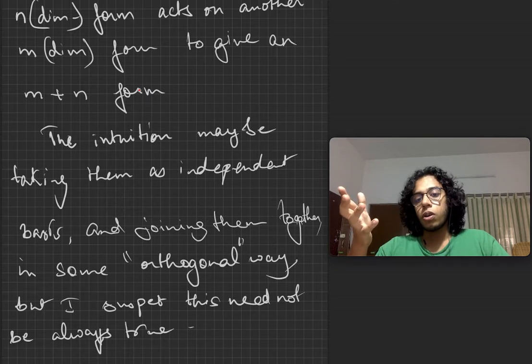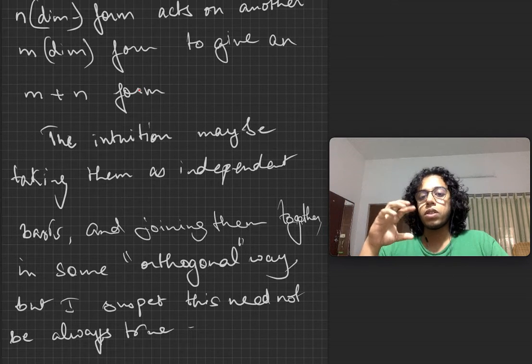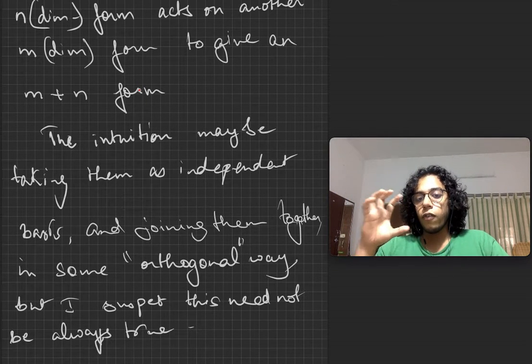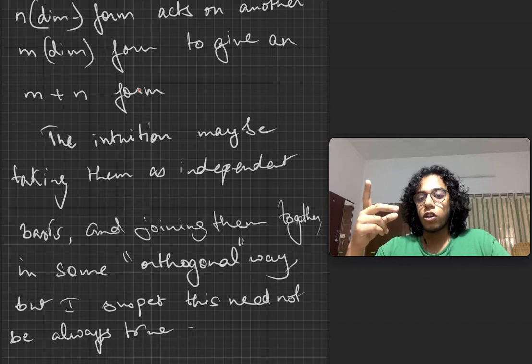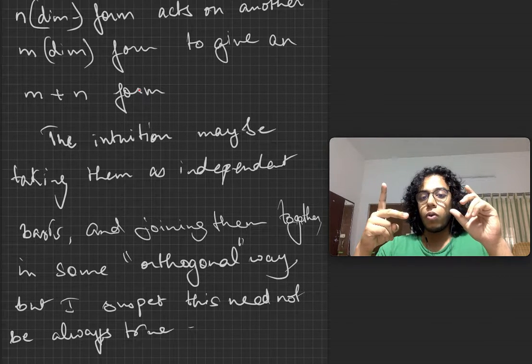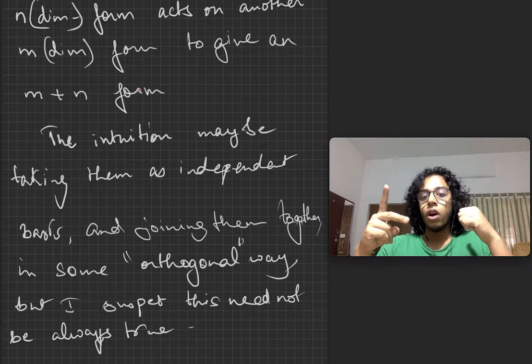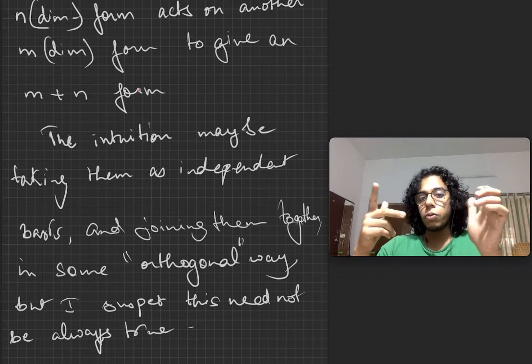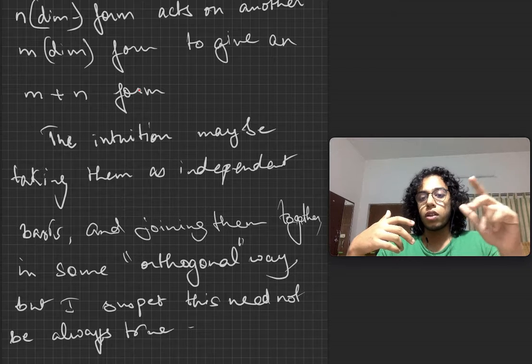When you're talking about a three form, it's a parallelepiped. So you have an n dimensional parallelepiped whose vectors are kind of orthogonal, independent of each other, right? Now what if you take a new one dimensional form and wedge it with another one?